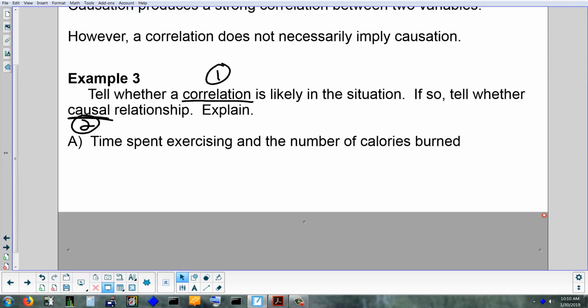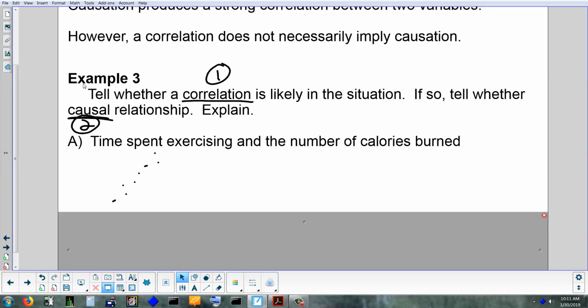So correlation, right? So we looked at that yesterday. If you were to make a scatter plot of how many minutes people exercise and how many calories they burn, do you think when you look at the dots they would be random? No. Or do you think they would be kind of a pattern to them? Yes. I think there would be a positive correlation. I would say the more minutes that you exercise, the more calories you're going to burn. Okay, assuming you're comparing the same exercise to the same exercise, not like comparing somebody running to somebody biking, because one exercise might burn more calories than another.